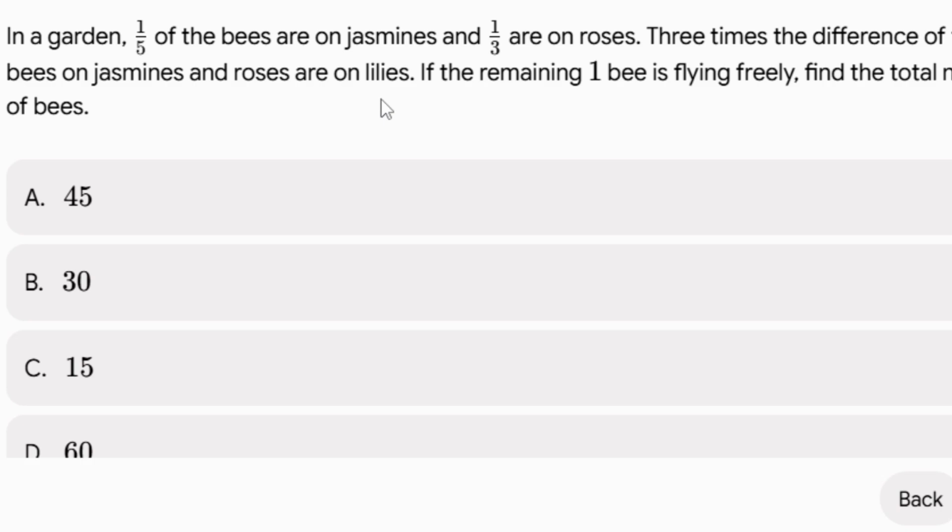Let's take the total number of bees n. Then the bees on jasmine, 1 by 5 of n. The bees on roses, 1 by 3 of n, plus 3 times the difference of the bees on jasmines and roses.